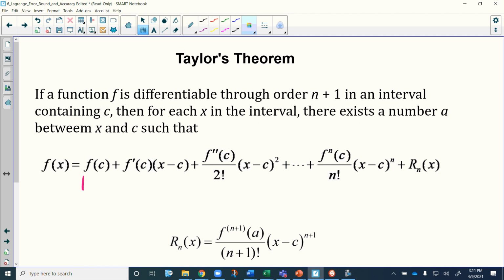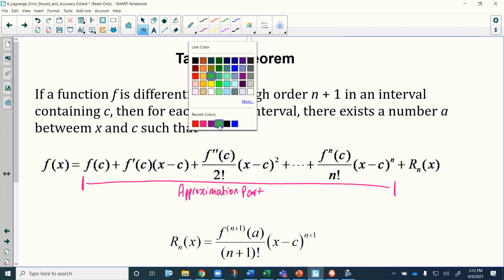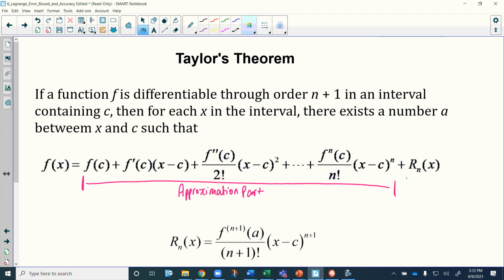From here to here, all of that is the approximation part. And this bit right here is your leftover stuff. This is where your remainder comes from, or your error.